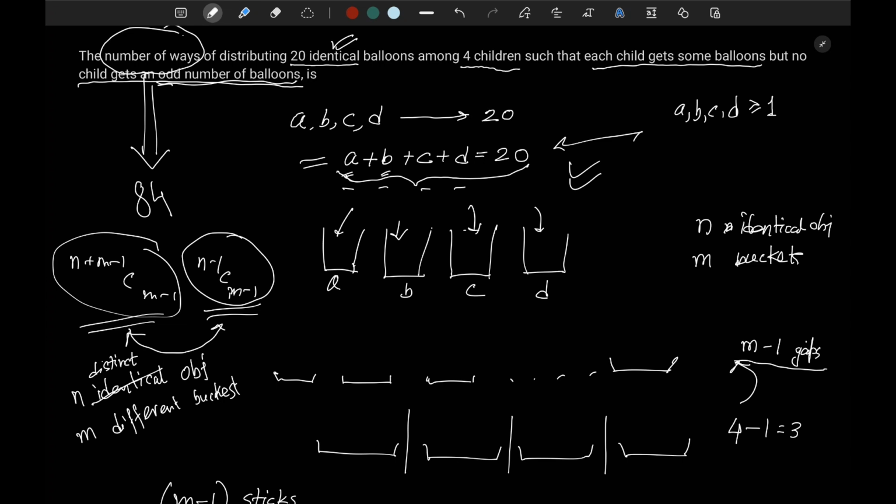This n you can think of as a collection of n ones, so n is nothing but n into 1. So this 20 is nothing but a collection of 20 identical ones. That's why in these problems we are actually distributing n identical objects to m different buckets. If this combination changes, then these formulas would not be applicable.